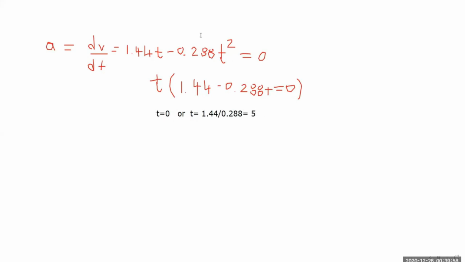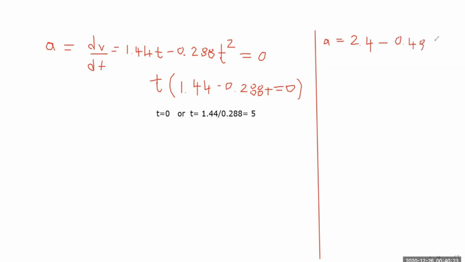Now let's check out the other one as well. The other formula, the acceleration is going to be dv by dt for the next one, which should be 2.4 minus 0.48 t.